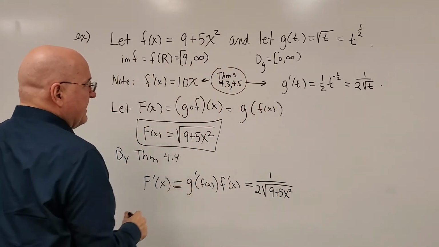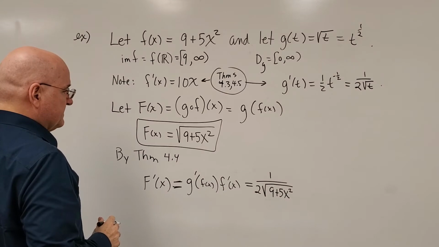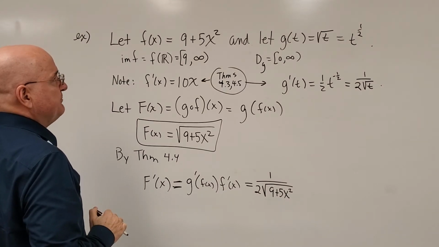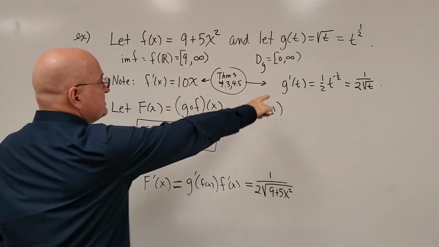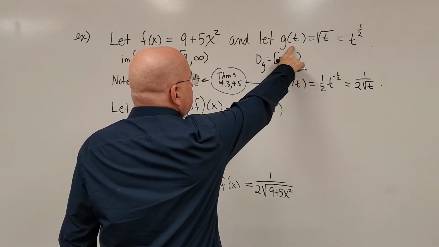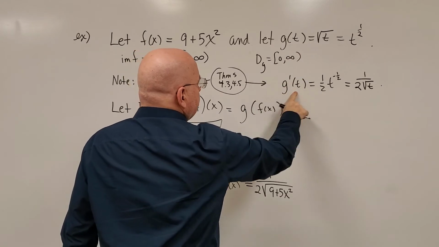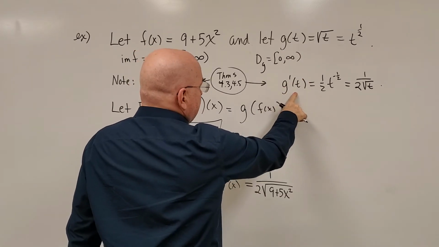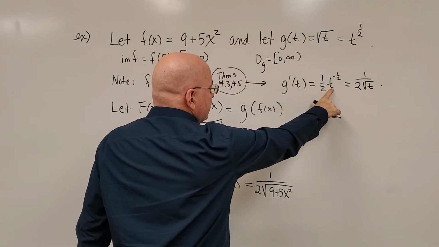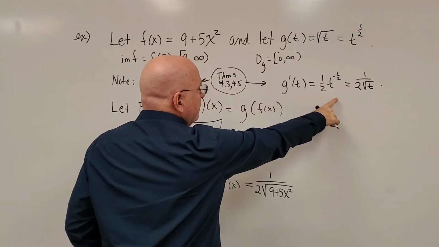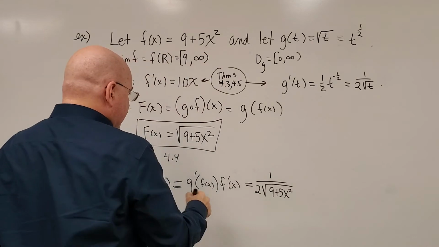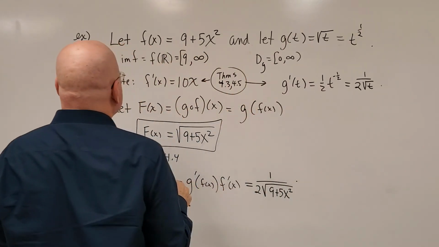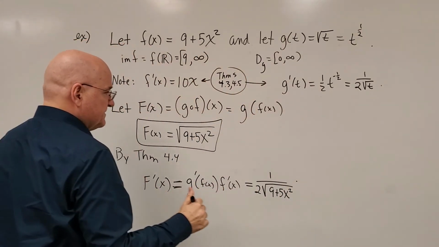That's just g prime of f of x. We just replaced the letter t with 9 plus 5x squared. And now we need to multiply by f prime of x, which is just 10x.